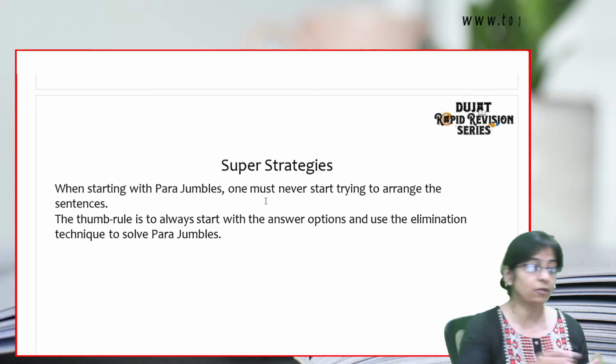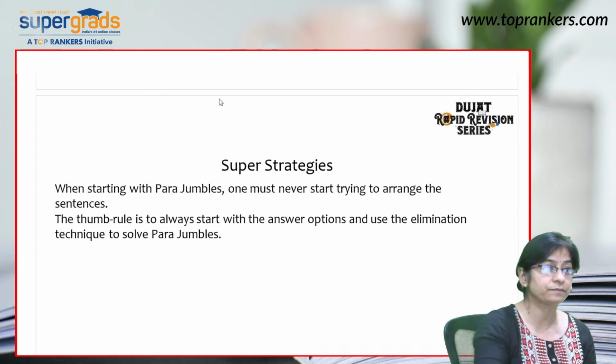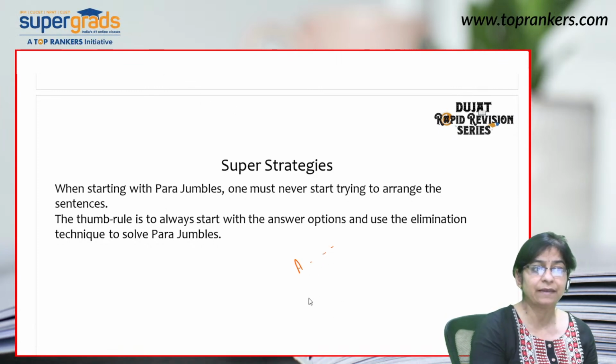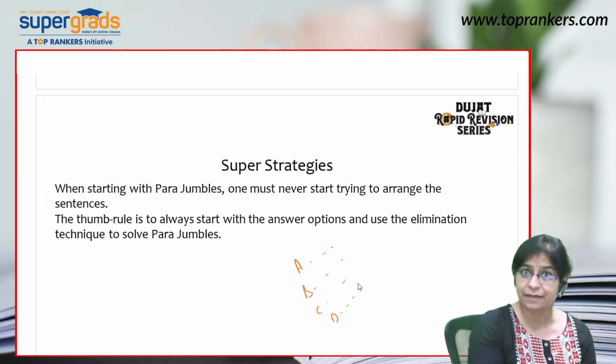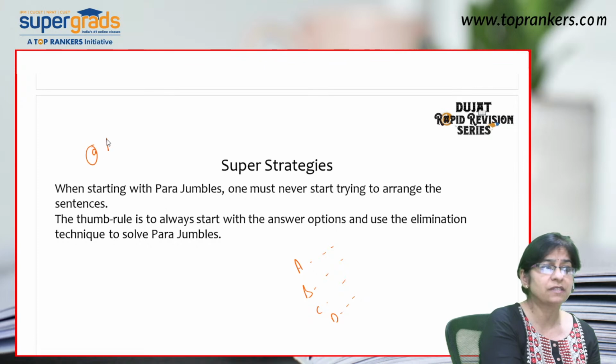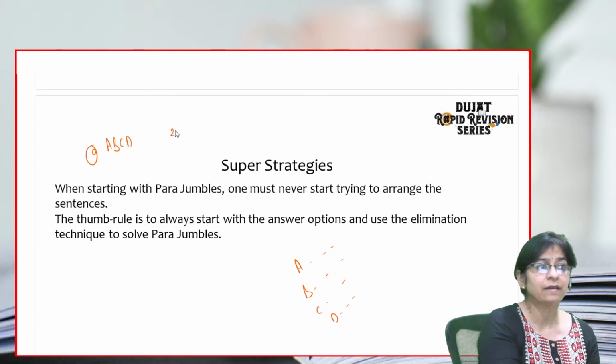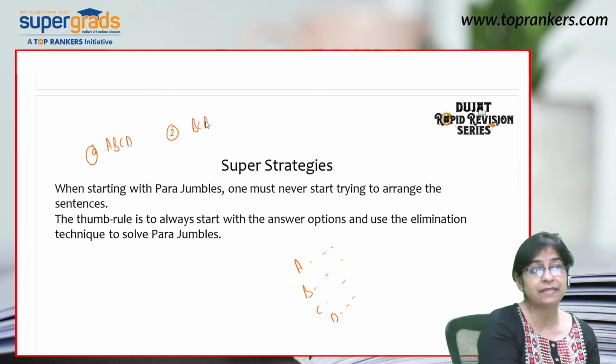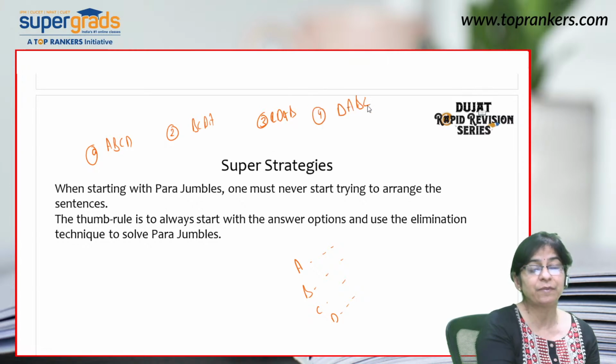So let's say you have sentence A, sentence B, sentence C, and sentence D. And then you have options, say A, B, C, D, let's say B, C, D, A, and let's say C, D, A, B, and let's say D, A, B, C, whatever.